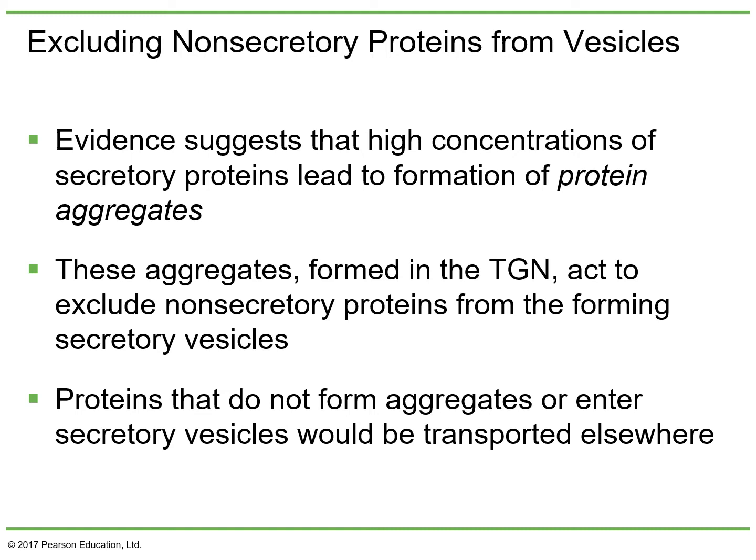Now, the pH of the TGN and the secretory granule lumens may serve as a trigger favoring the aggregation as the material would leave the TGN. The soluble proteins that do not become part of an aggregate in the TGN or a secretory granule would be carried by transport vesicles going to other locations.